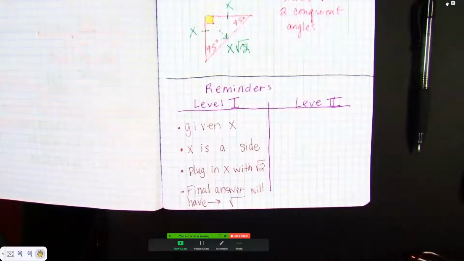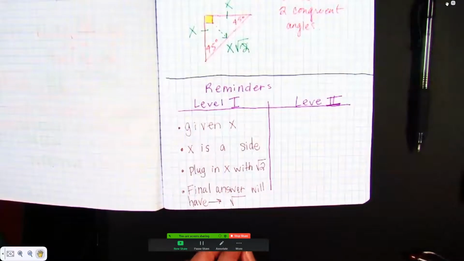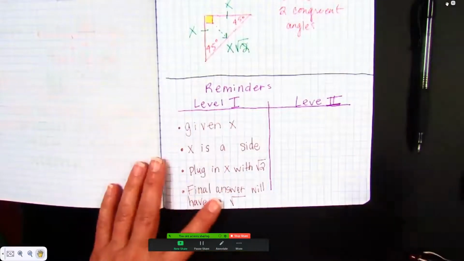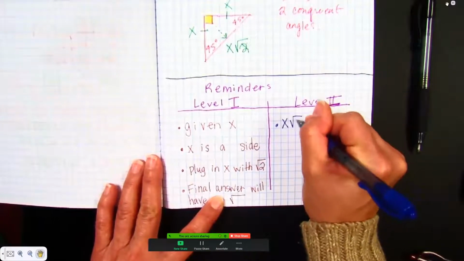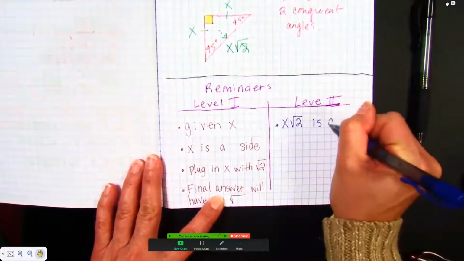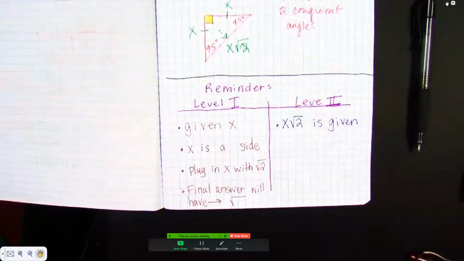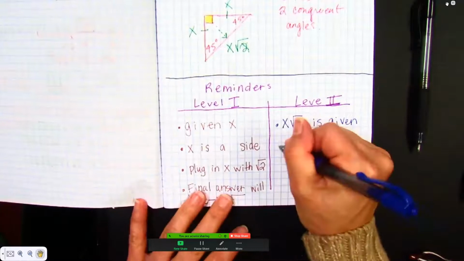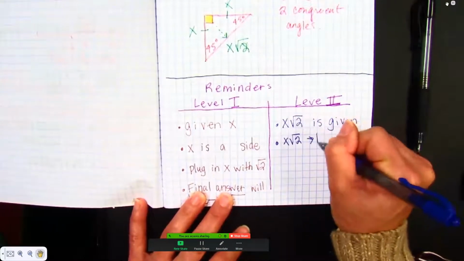All right, let's talk about level 2. So for level 2, what you need to remember is X root 2 is given. And remember, when X root 2 is given, X root 2 is the hypotenuse.